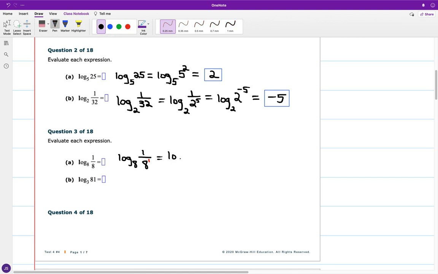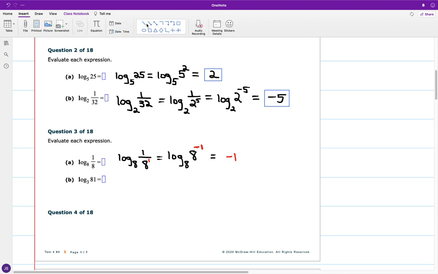Rewriting 1/8 directly in base 8 terms, 1 over 8 is 8 to the negative 1. So you have the base 8 logarithm of 8 to the negative 1, and this comes out to negative 1.